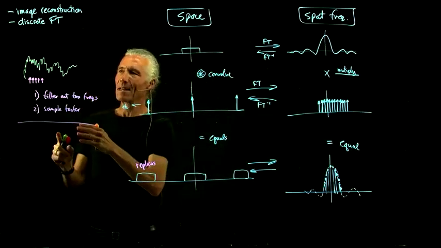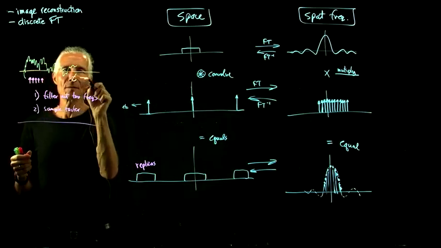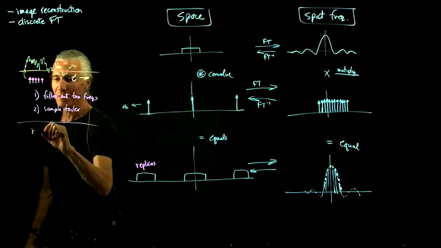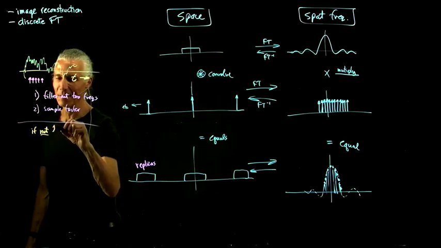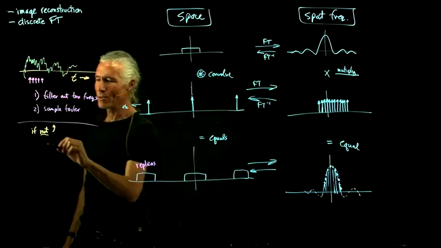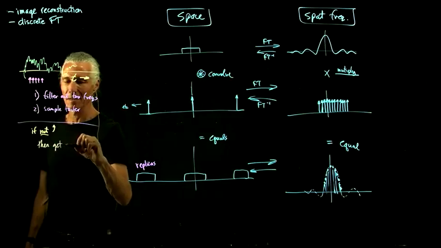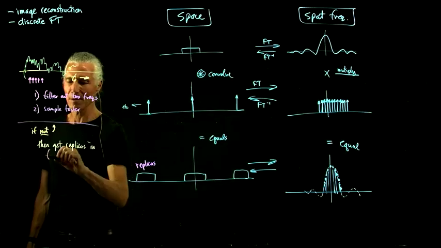This says, if you don't sample fast enough in the time domain, this is our time domain, then you get replicas in frequency domain.